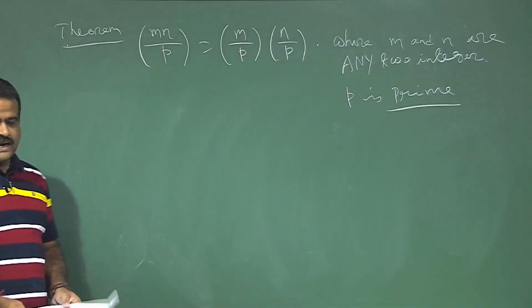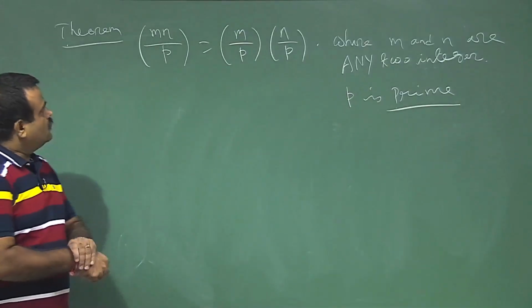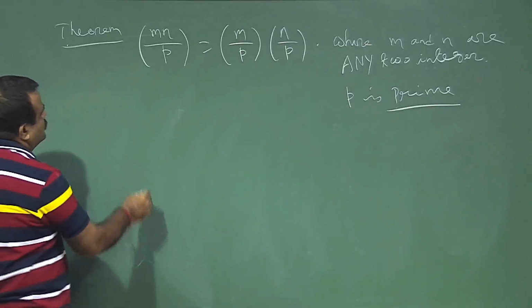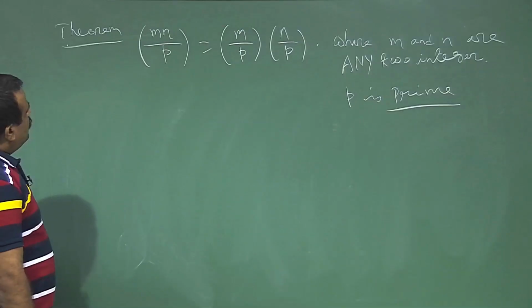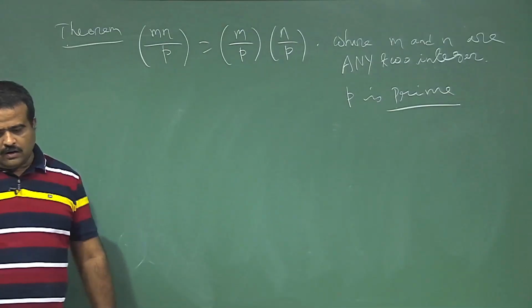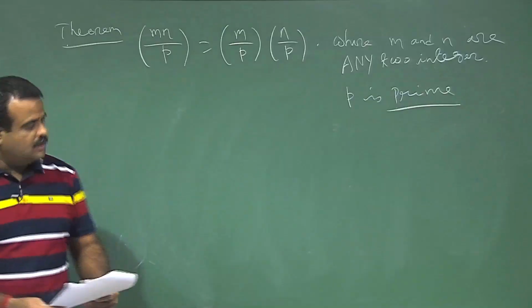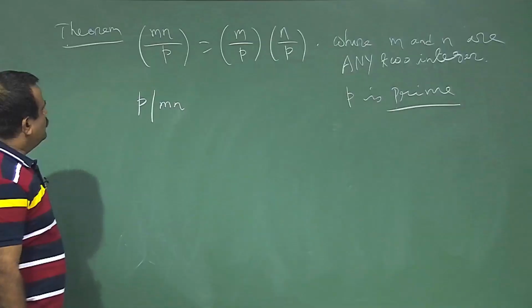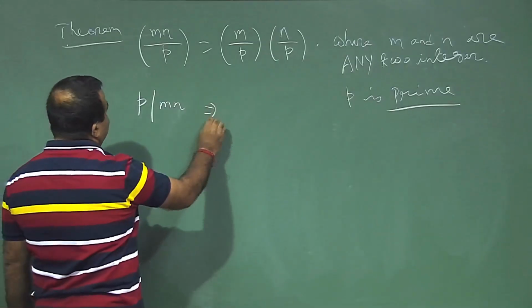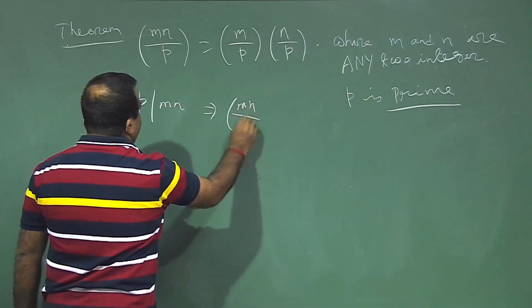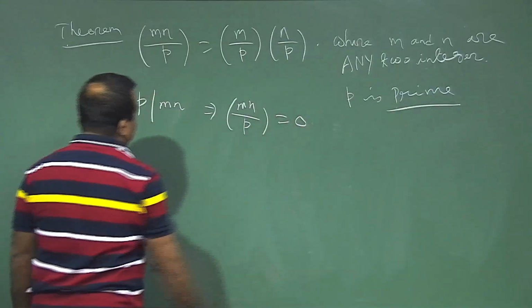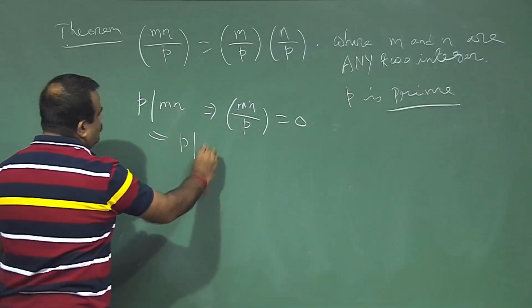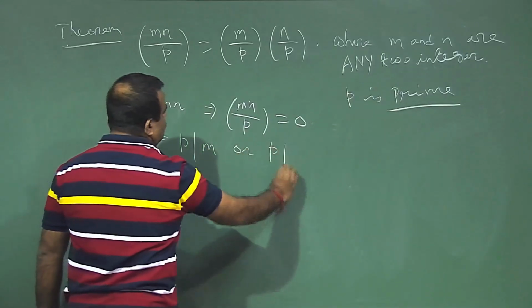So, how to prove that? Suppose p divides mn. If p divides mn, this means (mn/p) is 0, and p divides mn means either p divides m or p divides n.